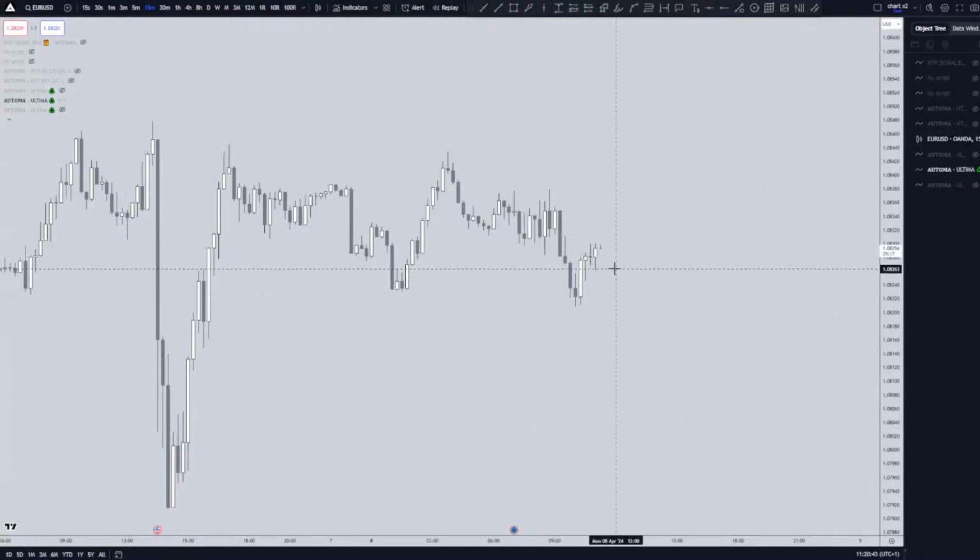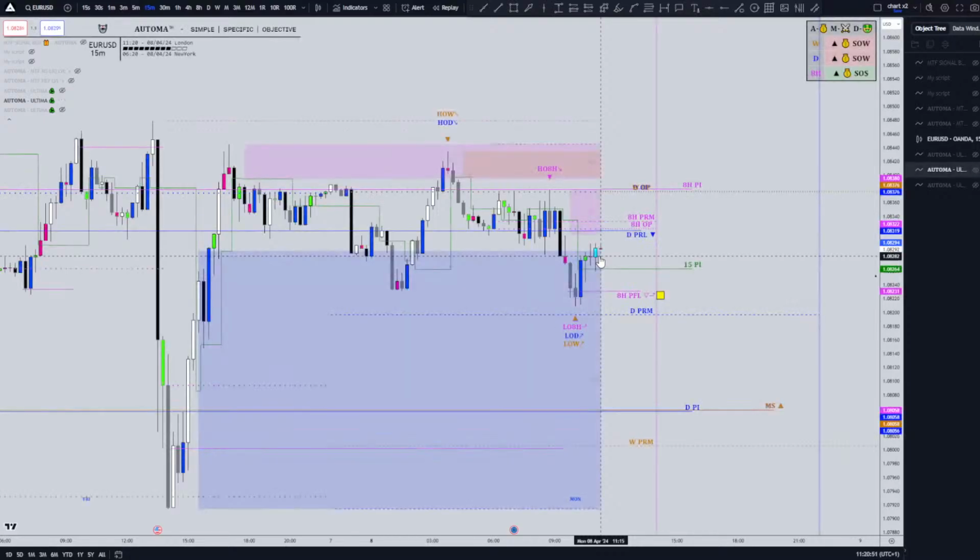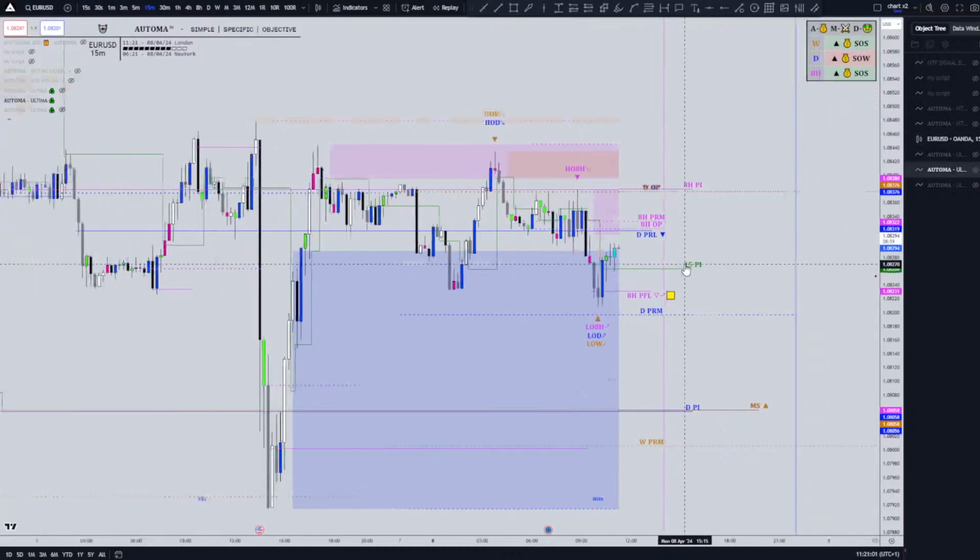I'm entering on 1-minute chart, but I'm entering 15-minute levels, which is 15-minute opens. Just let me know if it's something you're after, like 15-minute.